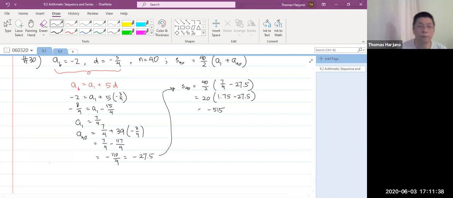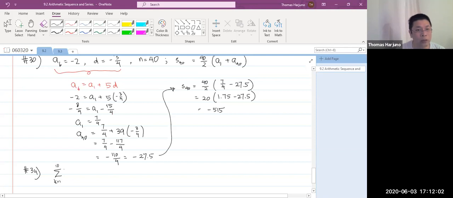Now, what if the arithmetic series given to us is in summation notation? Let's say, for example, number 34. We add k equals 1 up to 10 of 1/4 k plus 3.